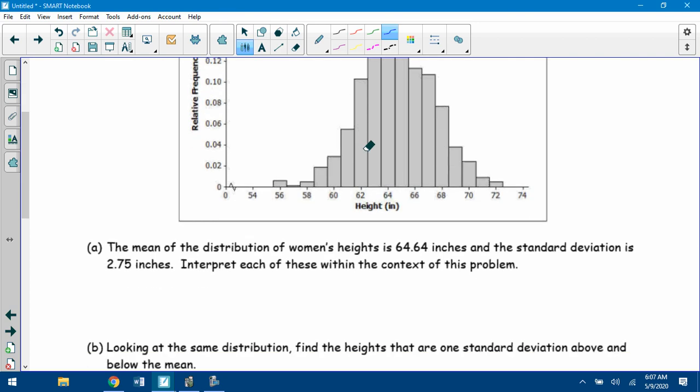Okay, well, when you hear the word mean, so if the mean is 64.64, what word should you think of when you hear mean? Average. It's the average height of the 1,000 women.